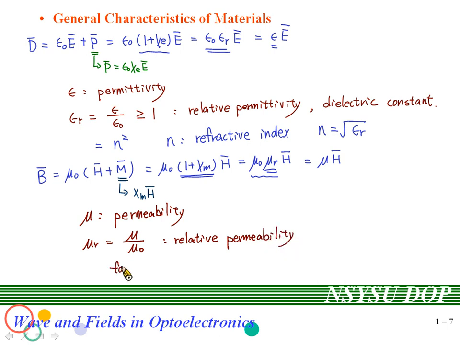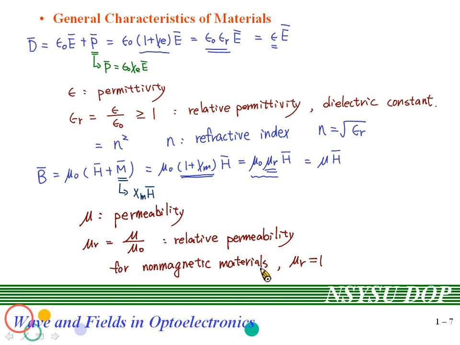Usually, for non-magnetic material, mu r is 1, but if you consider magnetic material, mu r will not be equal to 1. But in the following part, or in your common research, we only consider non-magnetic materials.